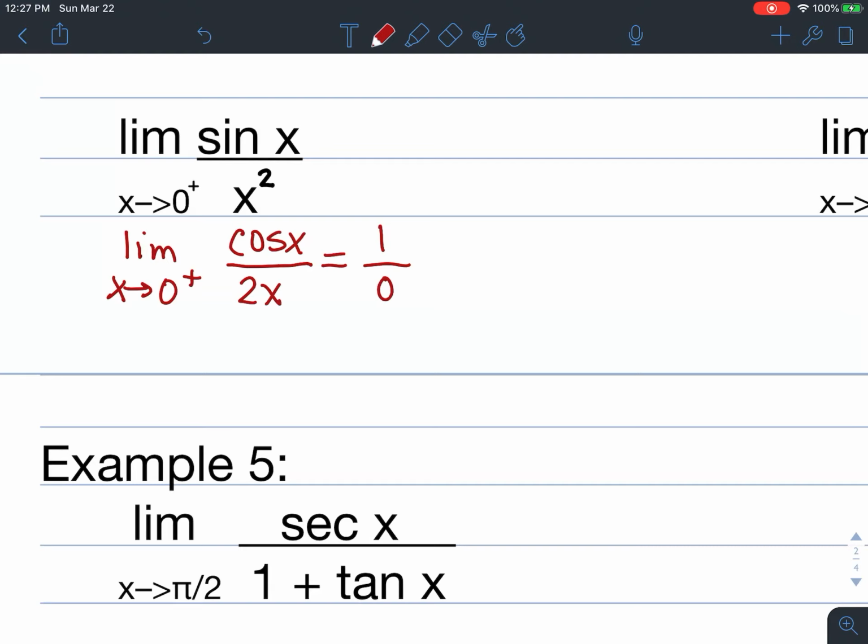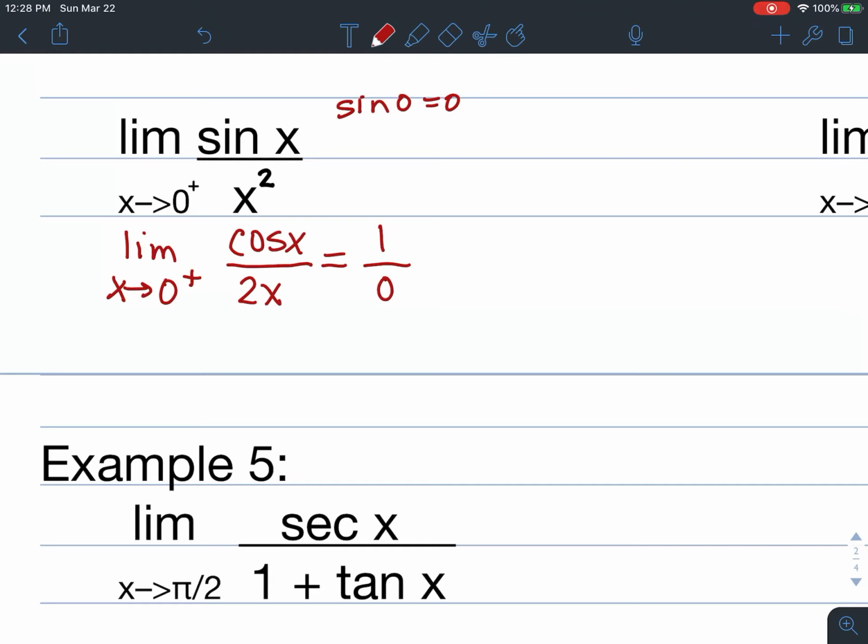So let's see here. If you put in a number that's a little bit to the right of 0, so let's think. So sine of 0 is 0. And of course the bottom is going to be 0. But what's a number that's a little bit on the right side of 0? 0.1 or something.